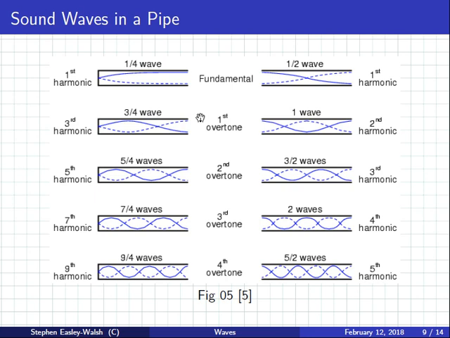The problem, Chrissy, I suppose, is closed here, open here. So this has to be a node, this has to be an antinode. Kind of ties your hands a little bit.